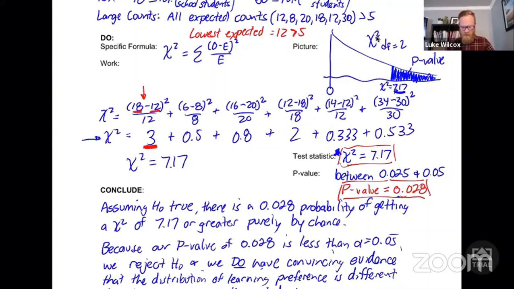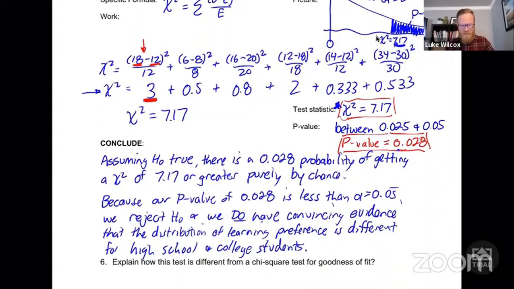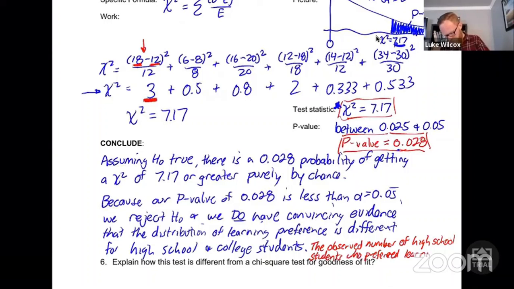So this is what we call the follow-up analysis. And as part of the follow-up analysis here, I'm just going to tack this on to the end of the conclusion. I would say the observed number of high school students who preferred learning at school was much higher than expected.